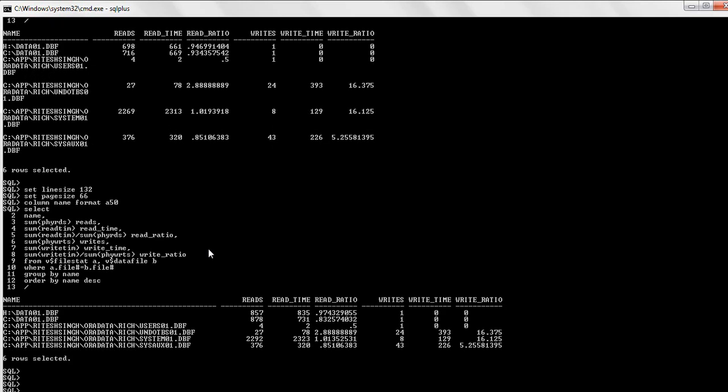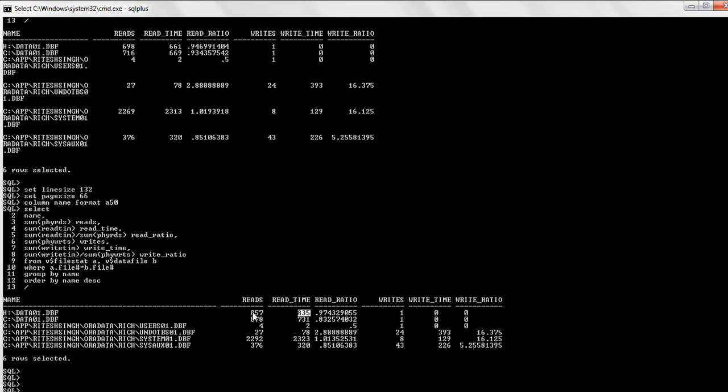Now over here you could see I have two data files of my interest. The first one is H, second is C. If you see over here, to do 878 blocks of reads, it only required 731 time. For the same amount of work, for 857 blocks of read, it required 835 of read time.